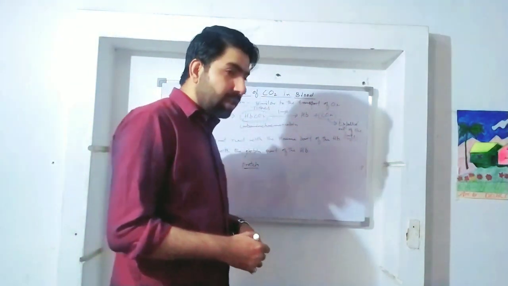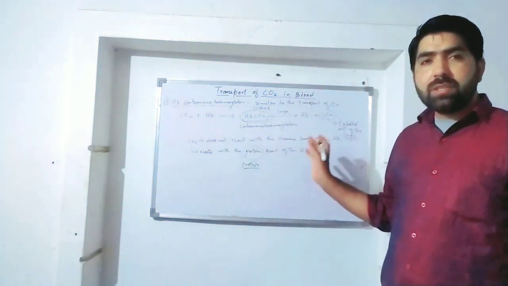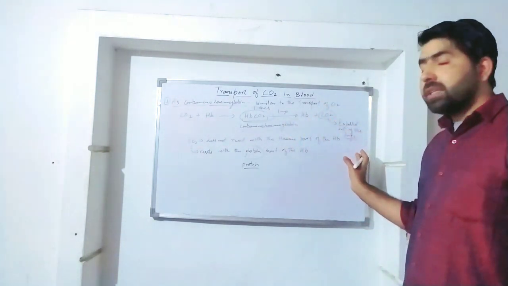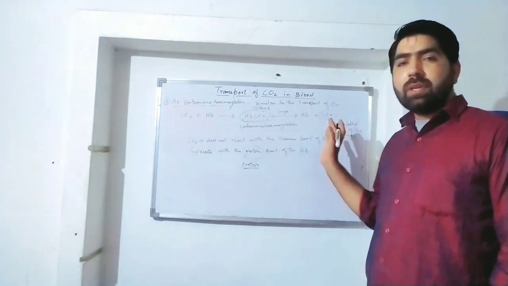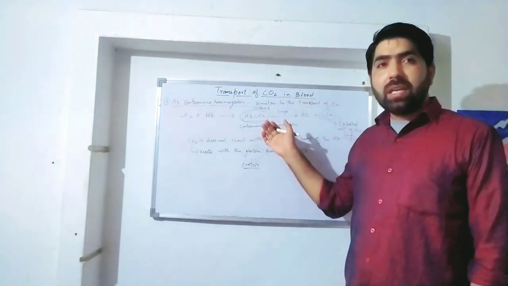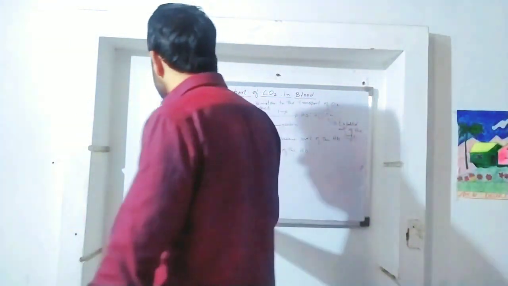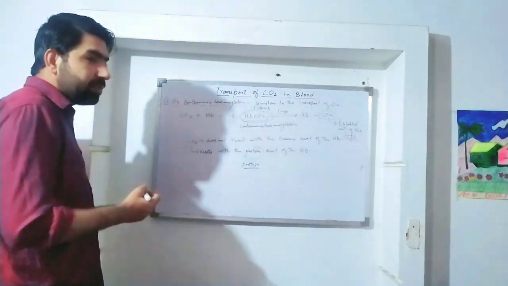So these are the three mechanisms by which carbon dioxide is transported from the tissues to the lungs, where it is then expelled out. The first mechanism is the dissolved form, the second is as bicarbonate ions, and third is as carbaminohemoglobin. In dissolved form, only 7% of the carbon dioxide is transported.